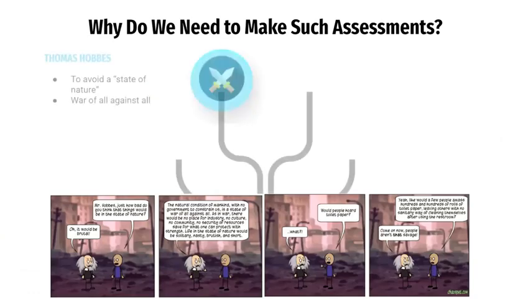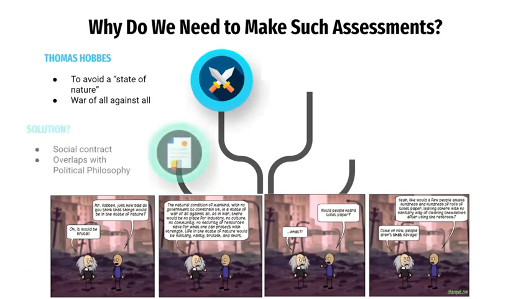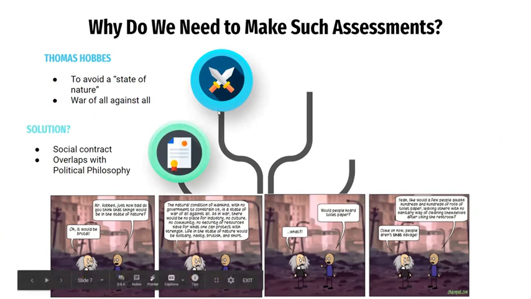Okay, why do we need to make such assessments? Well, I hope it's obvious, but there have been some very famous philosophers who have tried to motivate why we should study ethics at all. One of them is Thomas Hobbes, who we've seen briefly in some of the media and some of the reading.